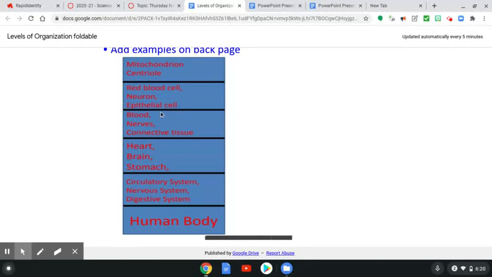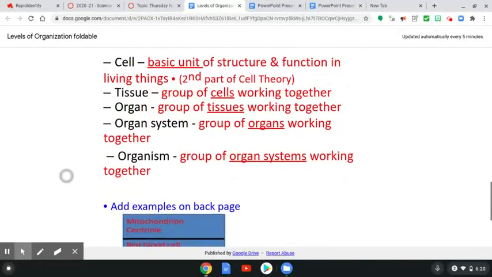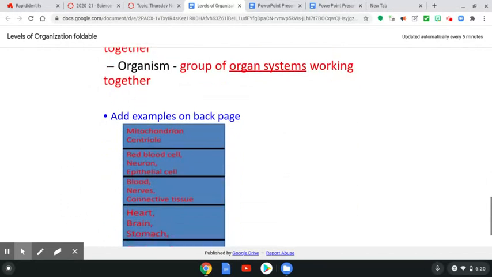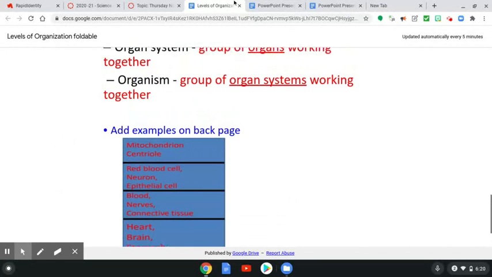Epithelial cells are skin cells. For tissue, you could use blood, nerves, connective tissue. For organs, you've got heart, brain, stomach. Then you've got like the circulatory system, nervous system, digestive system, and then the human body.